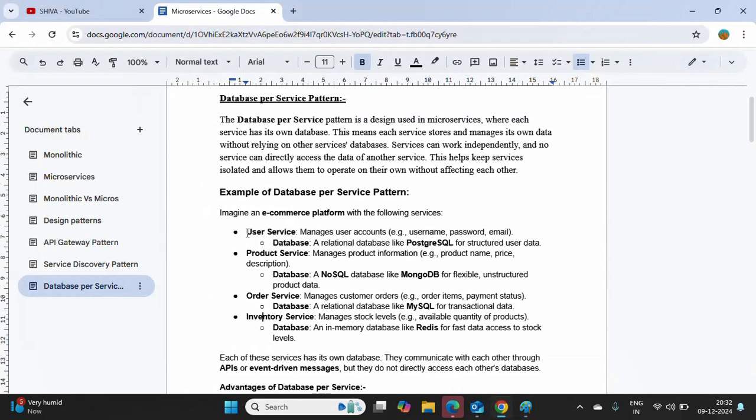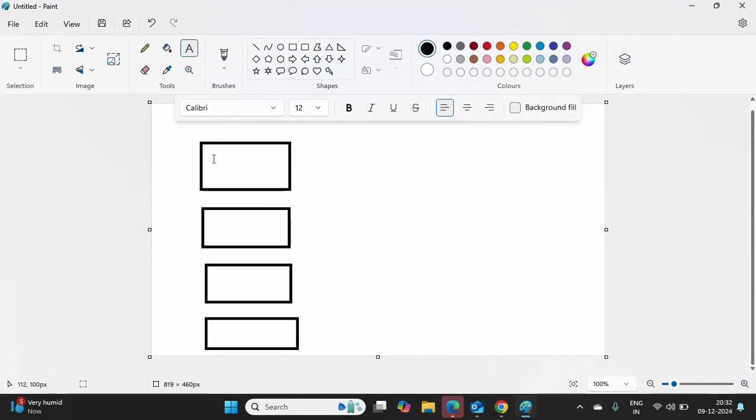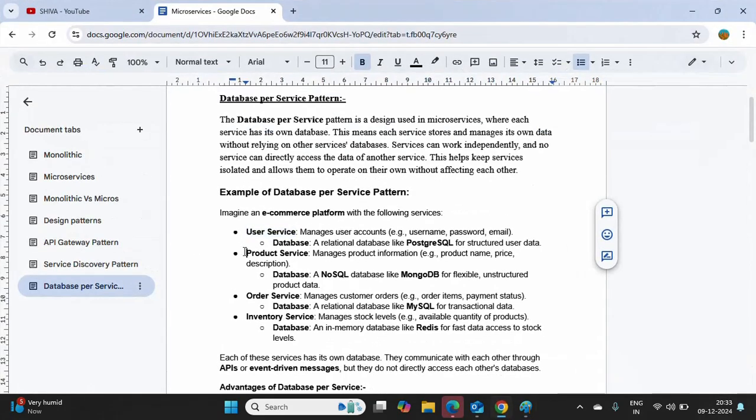The first one is the user service, and the second one is the product service.